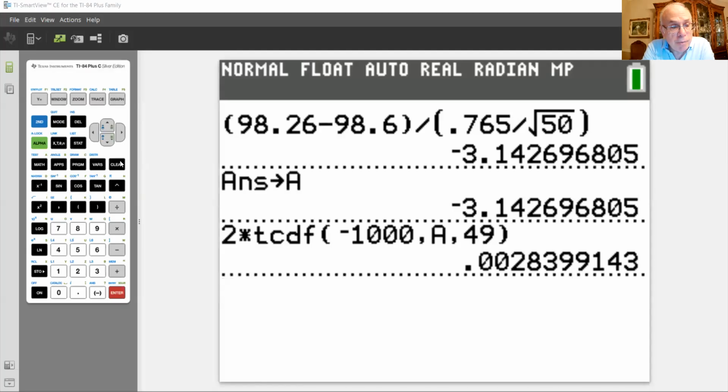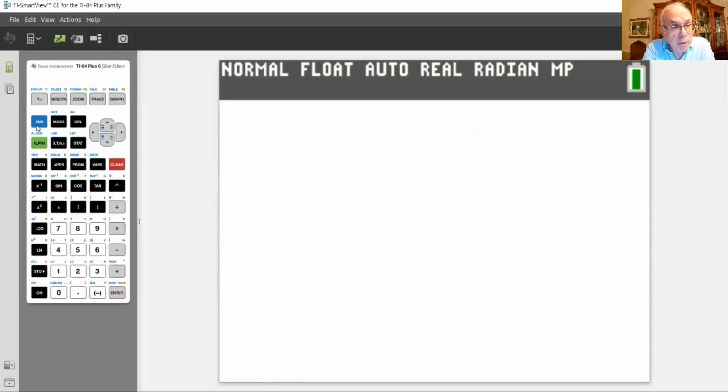Clear the screen. Again, we'll use parentheses for the numerator of the test statistic. We put in our sample mean, X bar, 91.7. We subtract the hypothesized mean, which is 100.